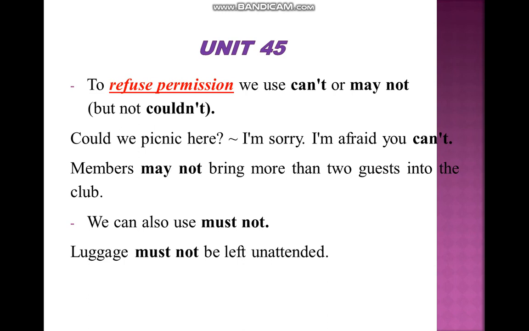Again, could we picnic here? You answer, what do you say? I'm sorry, I'm afraid you can't. Okay? Why? When we want to refuse permission, we use either can't or may not. Could is only used to ask for permission.